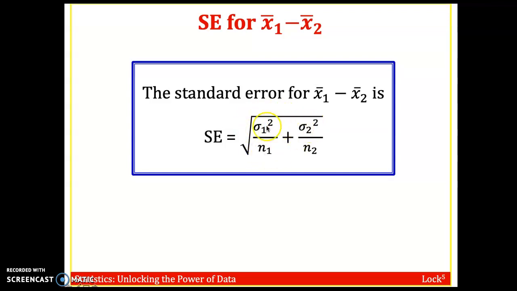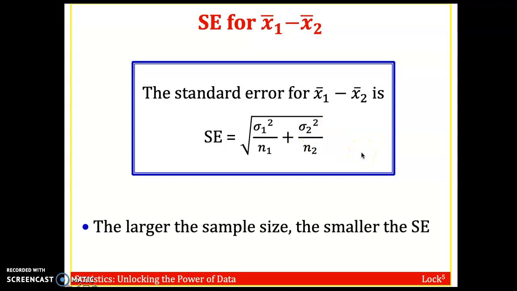But here, since we have two standard deviations, and don't forget this sigma stands for population standard deviation, we take the standard deviation of the first group squared over its sample size plus the standard deviation of the second group squared over its sample size. And as always, the larger the sample sizes, the smaller the standard error becomes, because we'll be dividing by larger numbers.